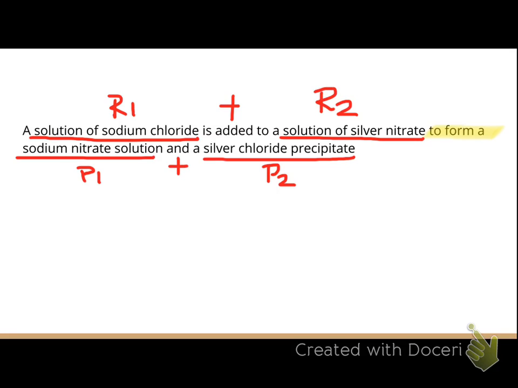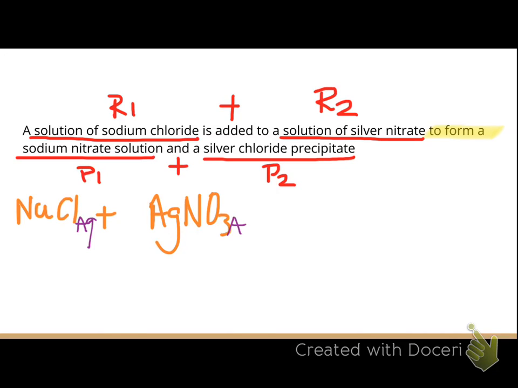So reactant number 1 is a solution of sodium chloride. So sodium chloride being NaCl, solution that's going to be aqueous, plus a solution of silver nitrate, AgNO3, solution that's aqueous as well, forms a solution of sodium nitrate, NaNO3, both of those are +1 -1, plus silver chloride, that's AgCl.